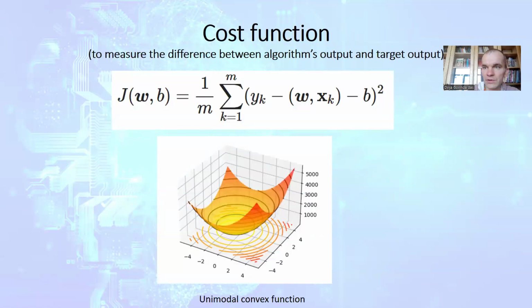The optimality criterion is still the cost function, which is the squares of the prediction errors, y minus the dot product of vector w and current feature vector xk, and also minus intercept b. The averaging of these squares of prediction errors constitutes our cost function.